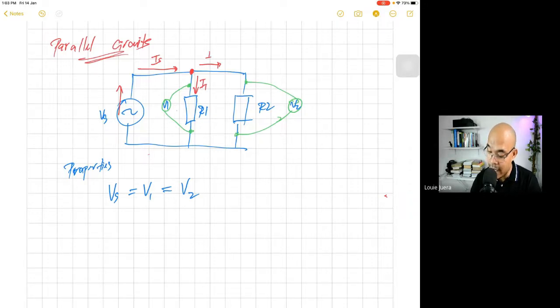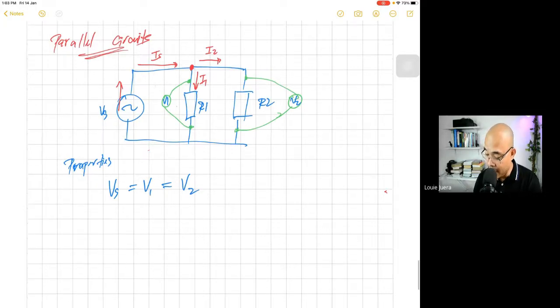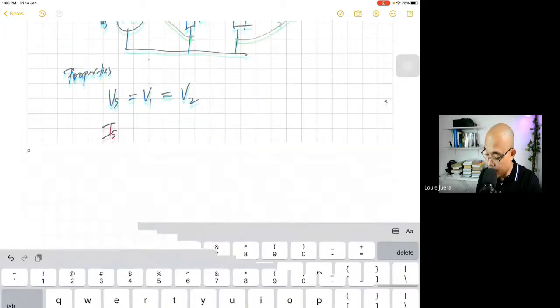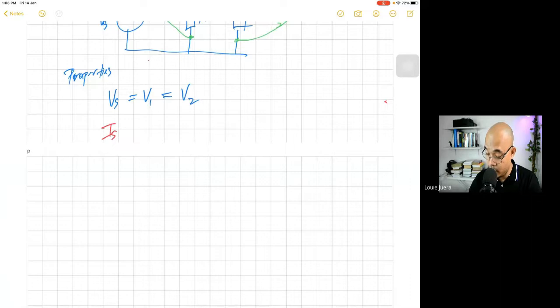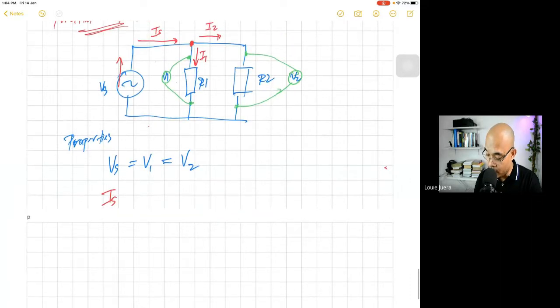We call this I2. The relationship of Is with respect to I1 and I2 is additive. Is is equal to I1 plus I2.